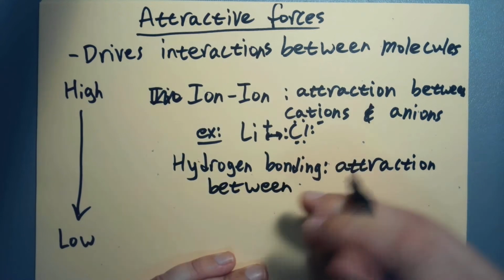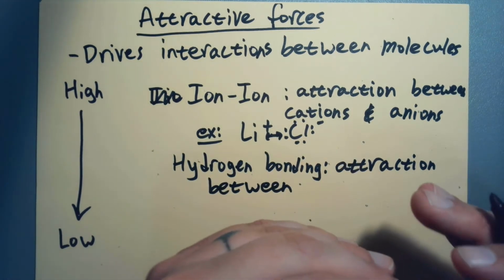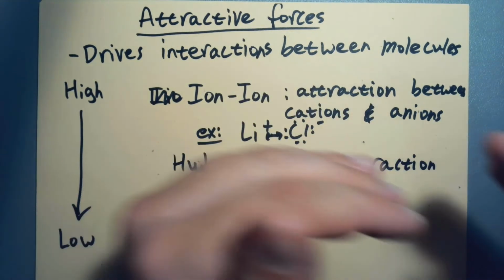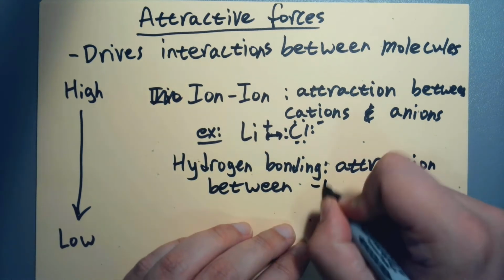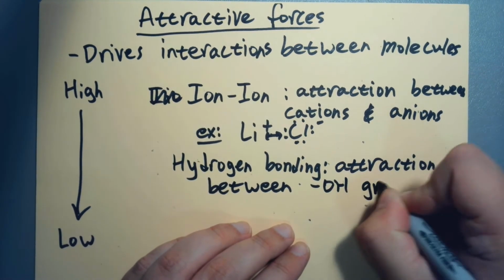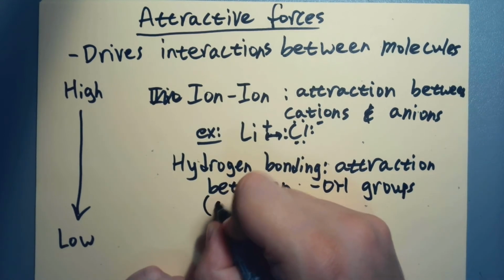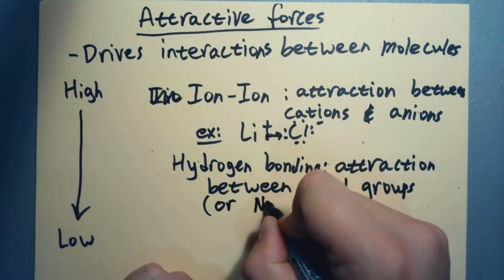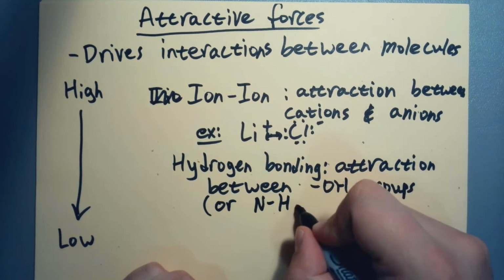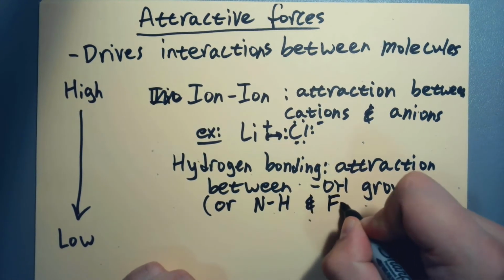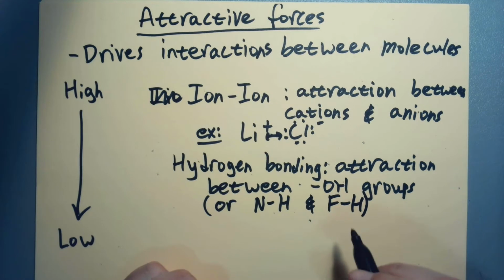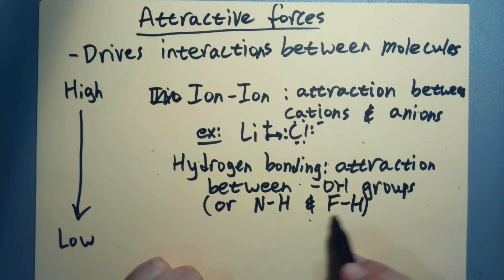And so it's an interaction of that H on the end and lone pairs on oxygen and nitrogen and stuff. So between OH groups, or NH, and FH also does it. So if you see an OH or NH, FH, that's not really going to show up in nature.